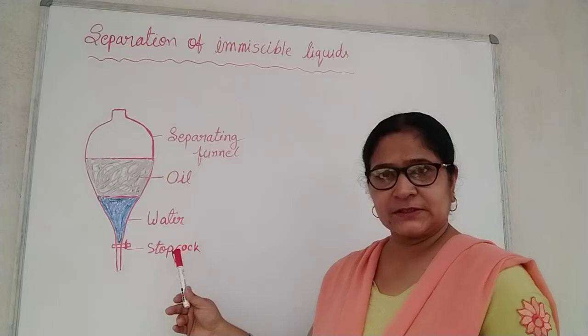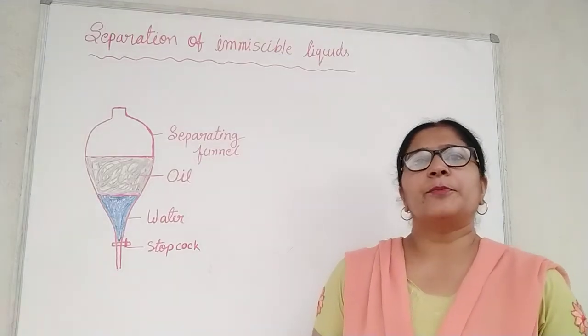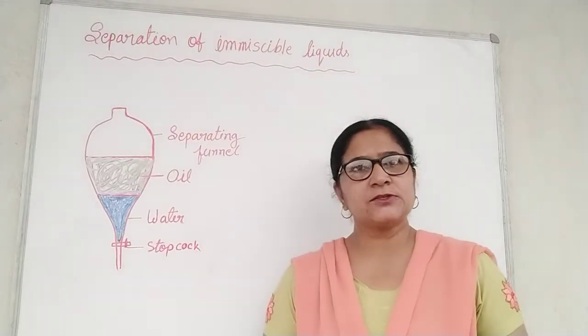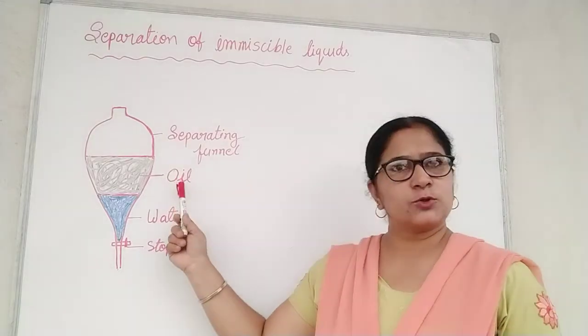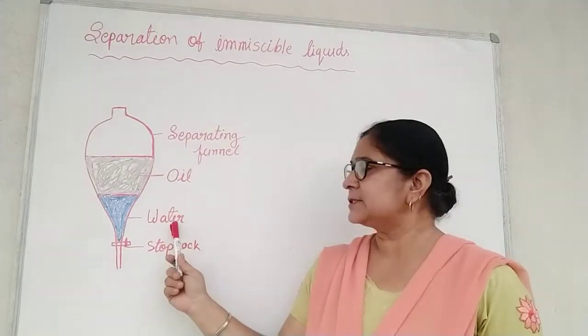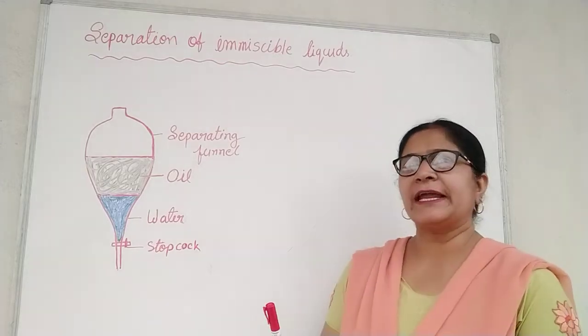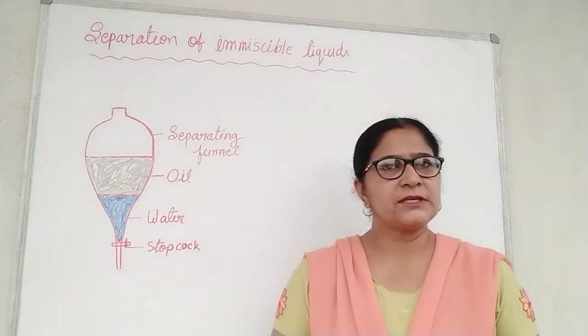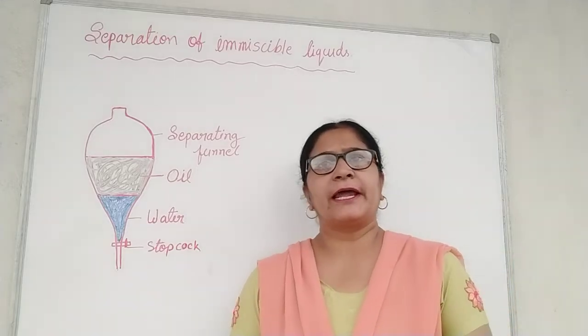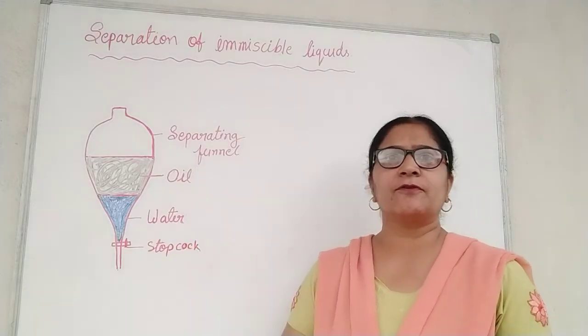They don't mix. Oil is the solute here and water is the solvent, and they don't mix. We can take advantage of this, and we also know that oil is lighter than water.